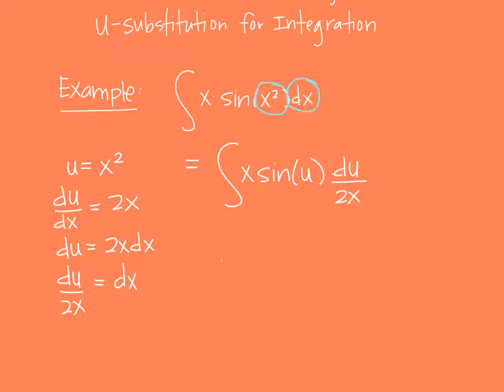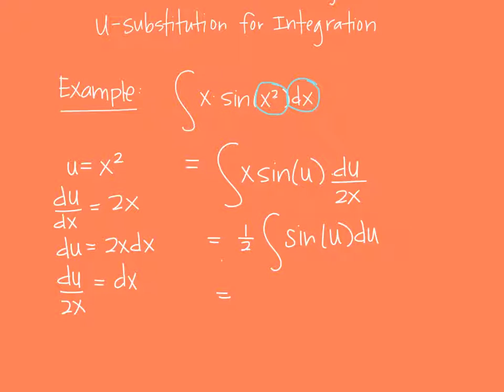I didn't have to worry about the x that was out front, because what's going to happen to it? It reduces away. And so I can pull a 1/2 out to the front of my integral, and I'm left with the simple integral, the sine of u du.